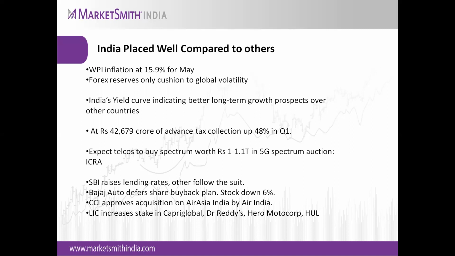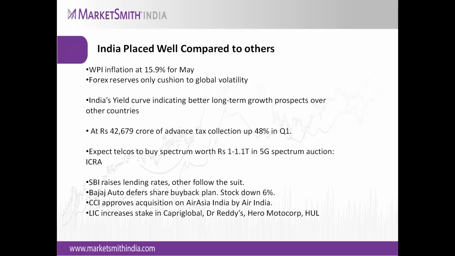When the overall global economy is facing downtrends, the US dollar will show its strength. However, we also have very good forex reserves, so this will not badly affect the Indian economy. The Indian yield curve has flattened, but it has not inverted, showing strong growth prospects in the long term for India. That is also positive news compared to European countries where the yield curve has inverted.